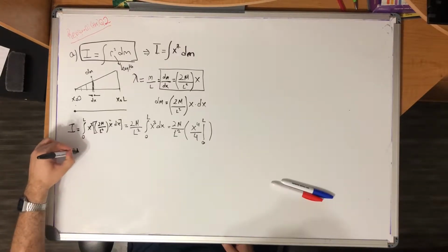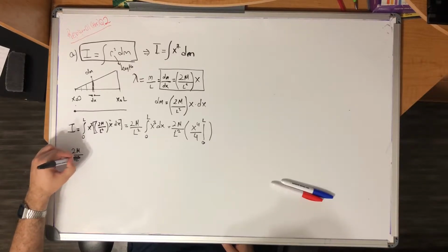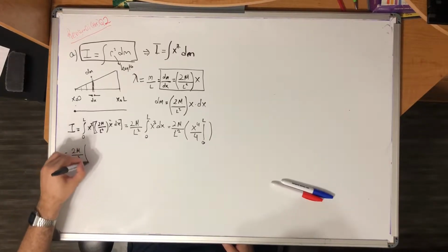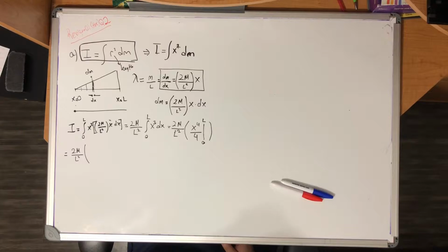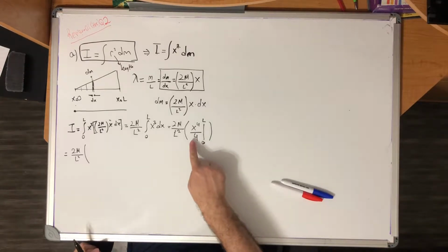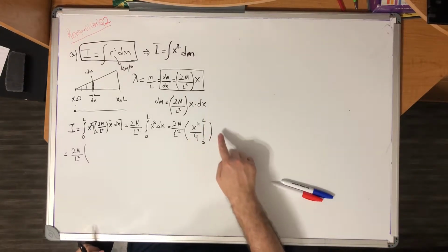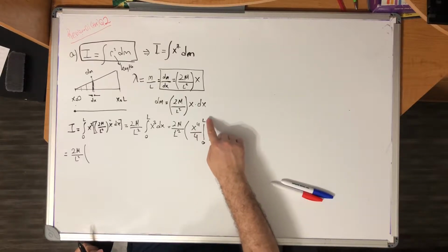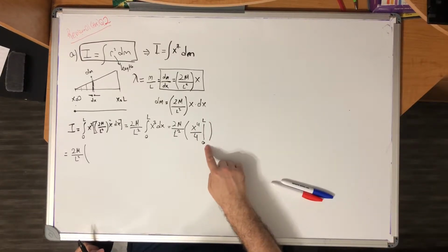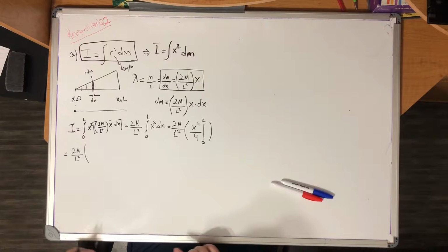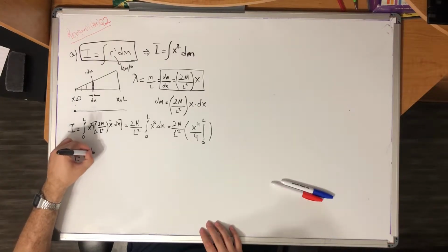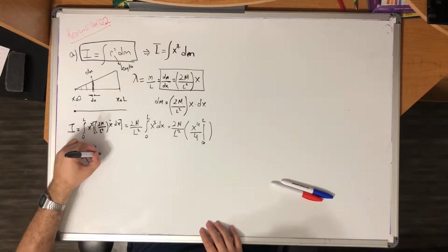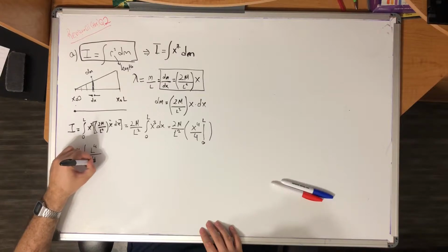And if you continue over here, what are you going to have? Again, 2m over L squared is going to be outside. Open the parenthesis. So what is the rule again? This is the integral, but I have boundaries, so I'm going to replace my variable with the upper boundary minus replace it with the lower boundary. So my upper boundary is L to the power of 4 divided by 4.